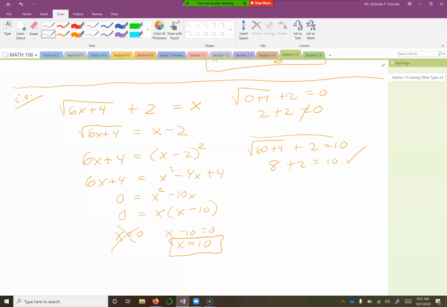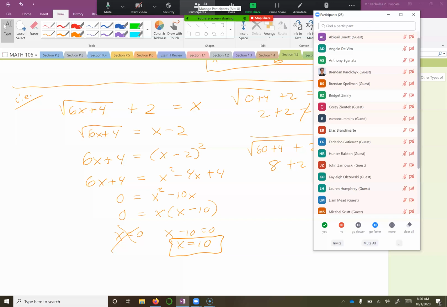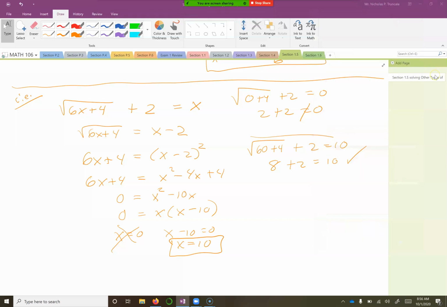They don't seem terrible, right? They're pretty reasonable. Any questions on those? Is there any step in there that somebody might have a question about before I show you the last type of equation in this section? Seeing none, I shall show you the last type.